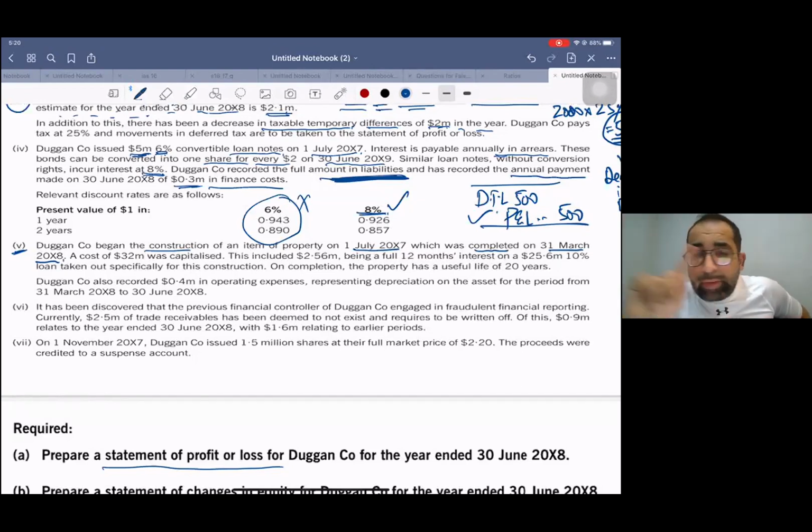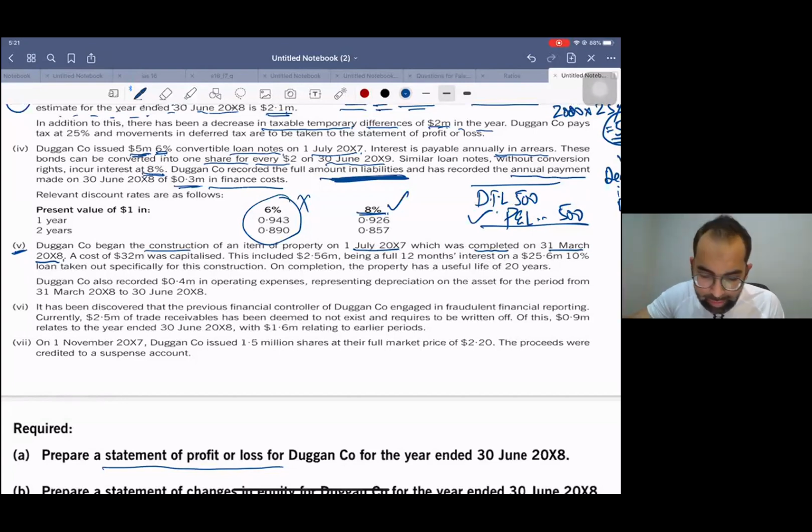After that day, finance cost is simply interest expense. So according to this data, you can only capitalize 9 months. Be very careful. You cannot capitalize 12 months of interest expense in this question.